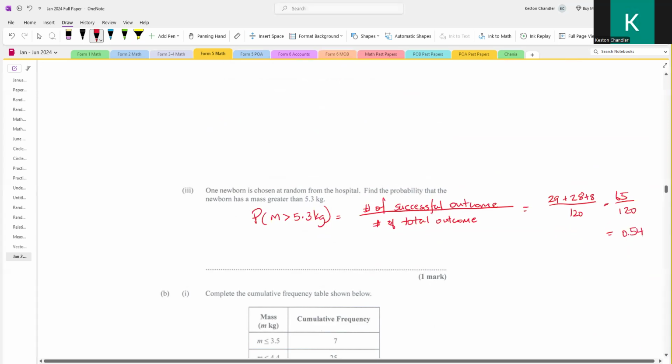Just leave it at 0.54, right? And if you multiply this by 100 to get the percentage, you get 54%.